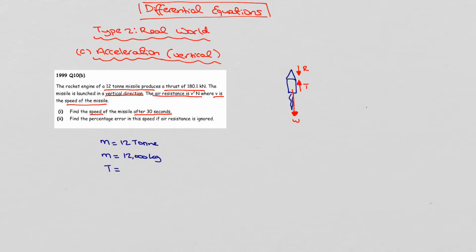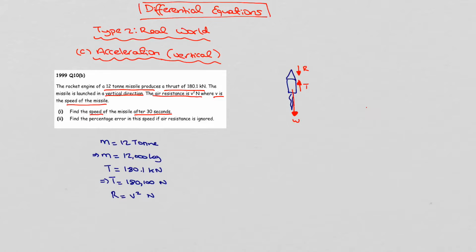So the tractive force is 180.1 kilonewtons, so I'm going to change that to 180,100 newtons. Kilo is 1,000. And we also know the resistance of the air is given to us by v squared newtons.